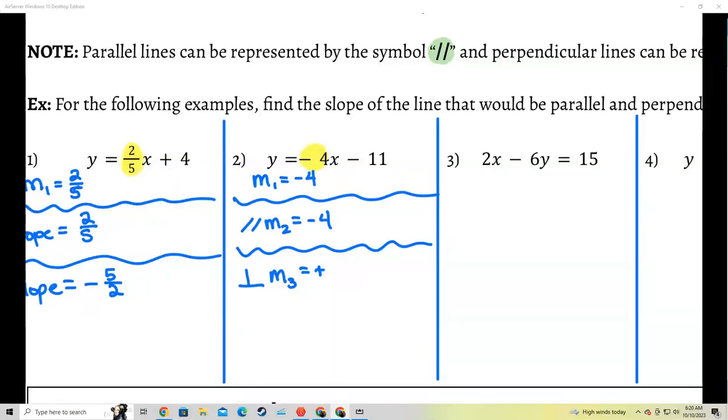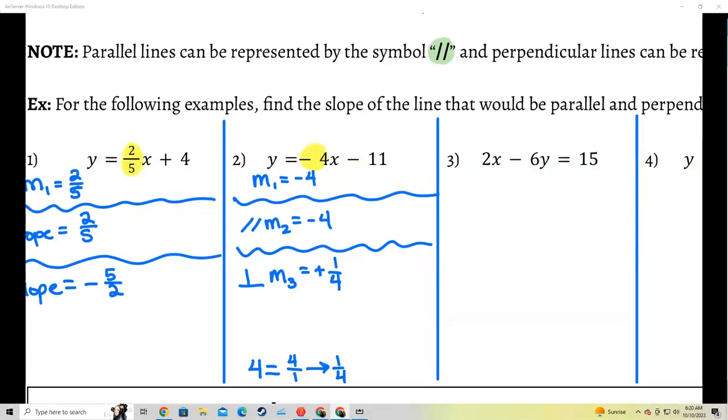So I'm going to do this kind of on the side. That 4, if I were to change it into a fraction, I would just put a 1 underneath. So 4 is a fraction. It's just 4 over 1. And if I'm going to take the reciprocal of that, then I need to change it to 1 over 4.